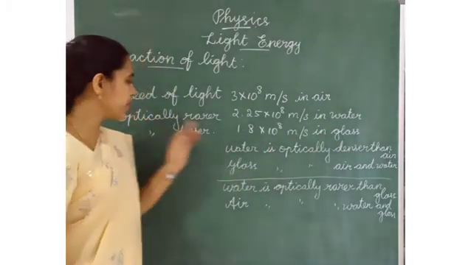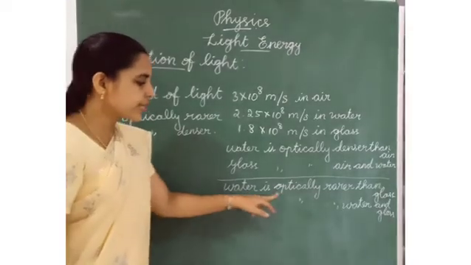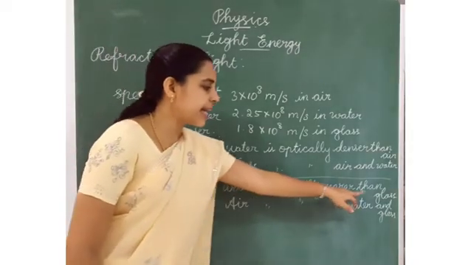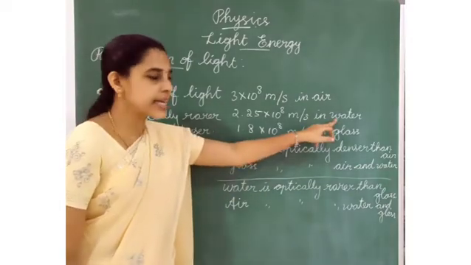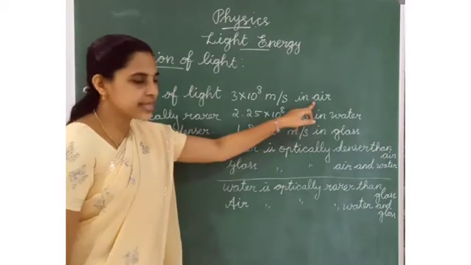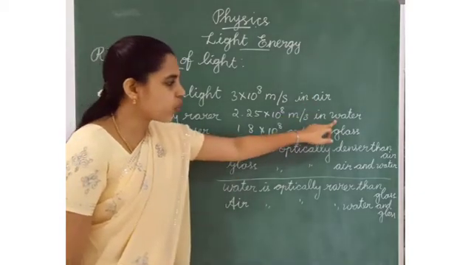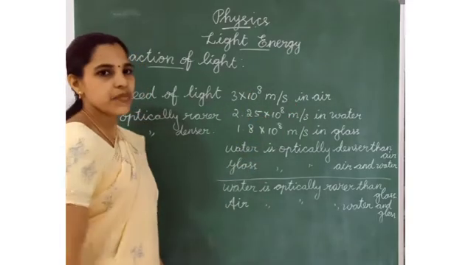From here we will say optically rarer. How will it be? Water is optically rarer than glass. Then air is optically rarer than water and glass, because this is the highest value.